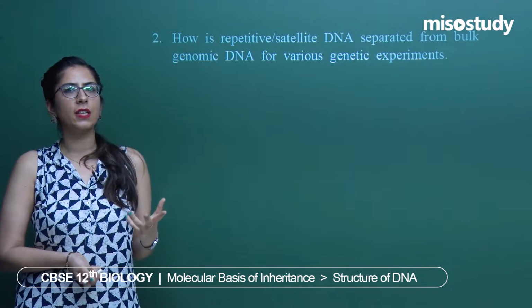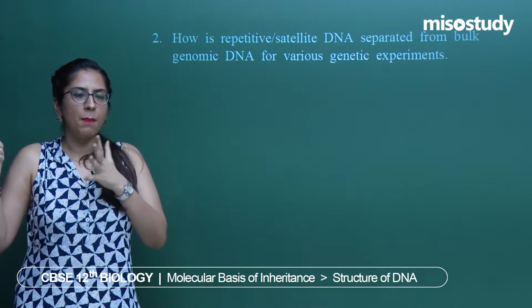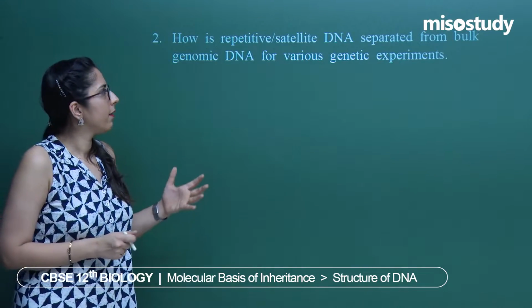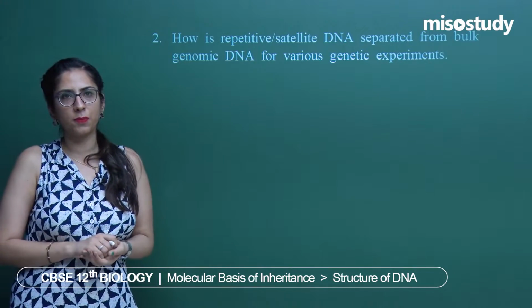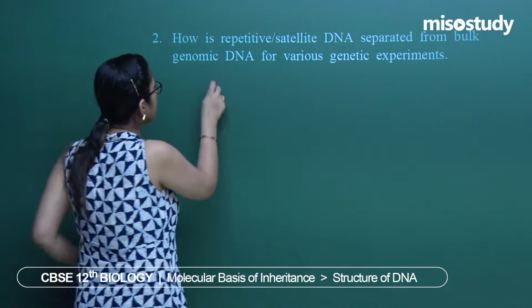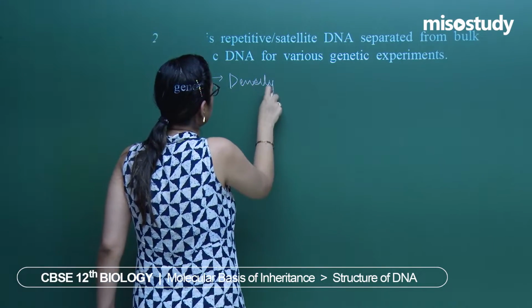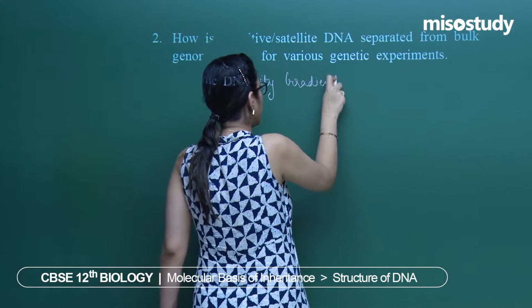Overall, when we talk about the amount of this bulk DNA, it is very high. When we talk about the separation in the genetic experiment, it is done by density gradient centrifugation.